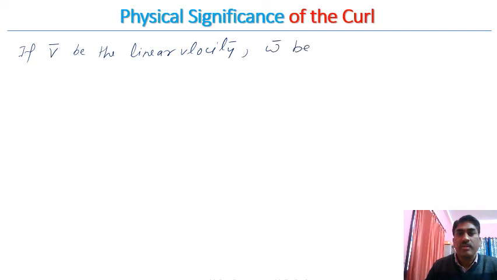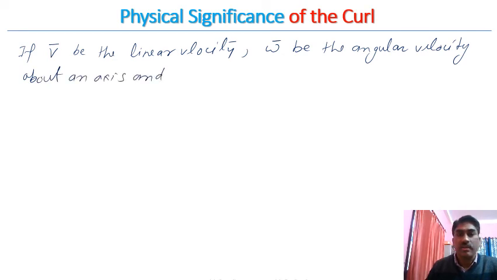So we know that if v be the linear velocity, omega be the angular velocity about an axis, and r be the position vector of a point x, y, z.